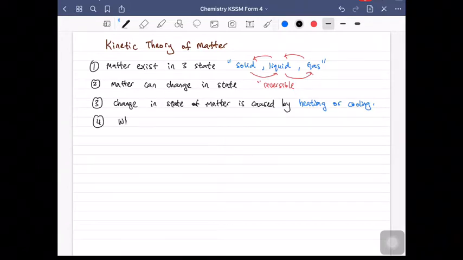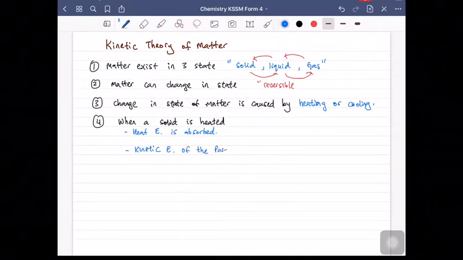When a solid is heated, the heat energy is absorbed. When heat energy is absorbed, kinetic energy of the particles increase. I use short form here.